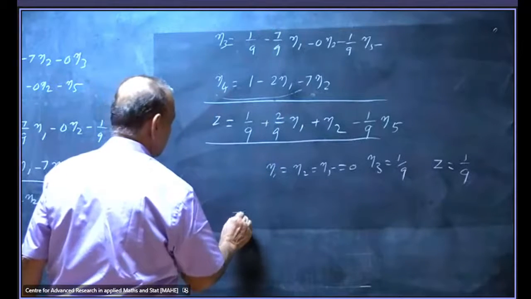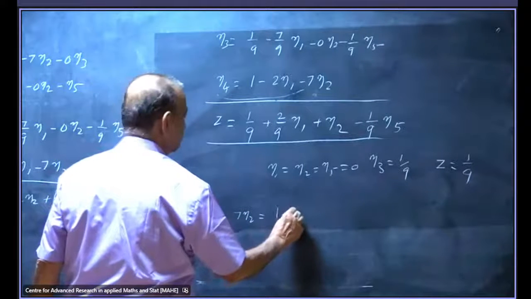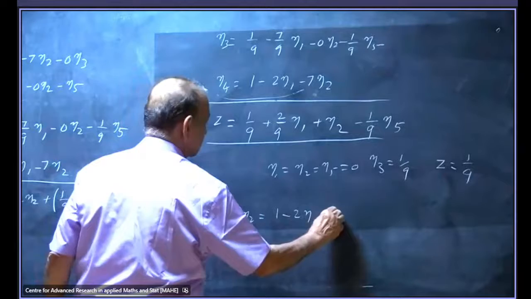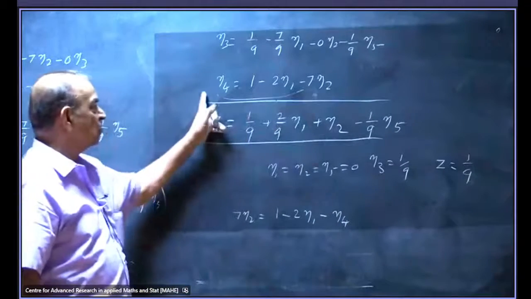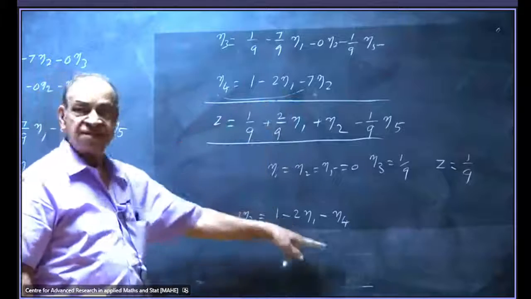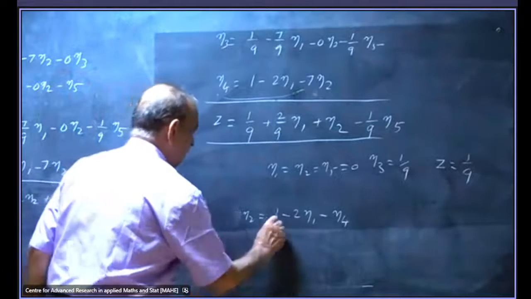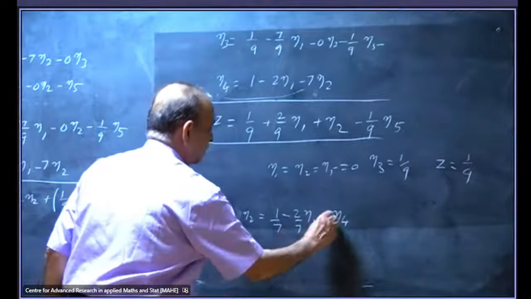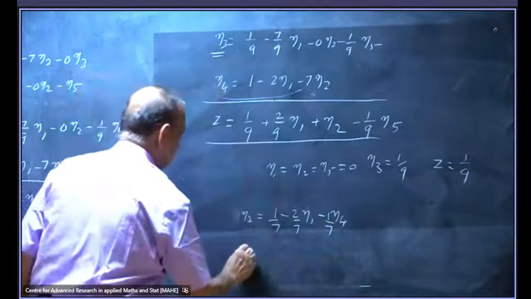So 7 eta 2 equals 1 minus 2 eta 1 minus eta 4. Which is equivalent to saying, okay, now let us fix this up.